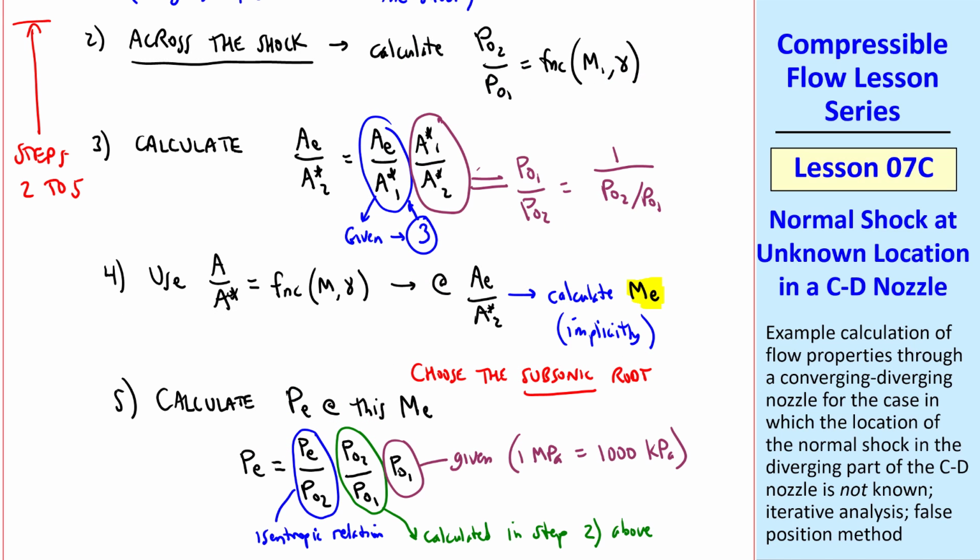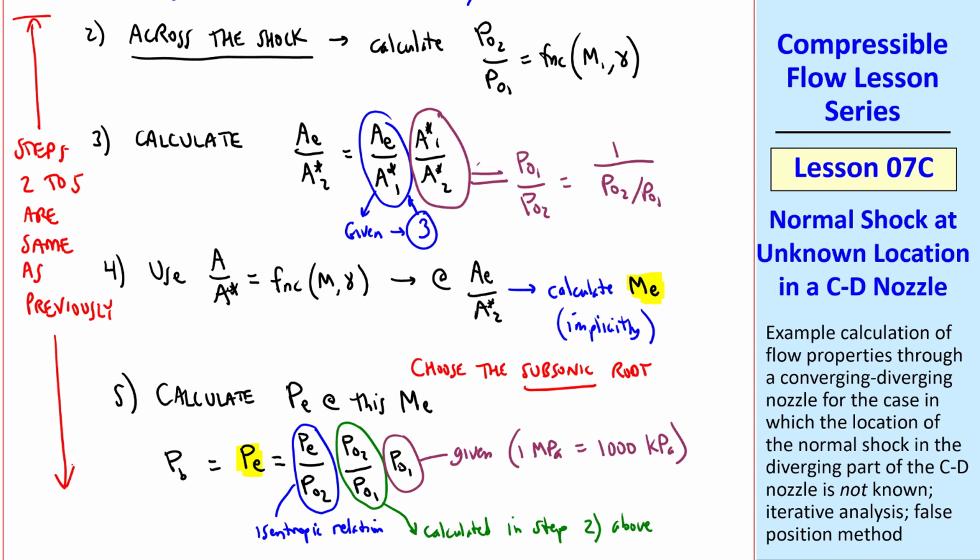I point out that steps 2 to 5 are the same as previously when we knew the location of the shock, and in that case our goal was to calculate PE, which, as I've said, is also PB. So we've already done steps 2 through 5 in the previous example for a different case.